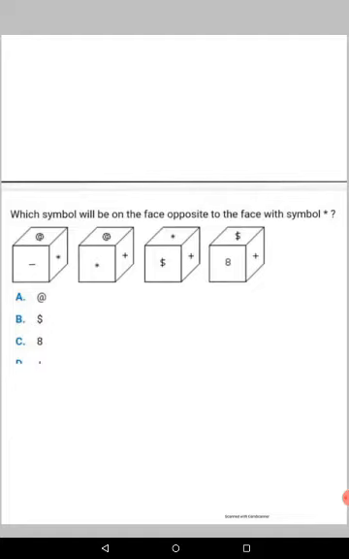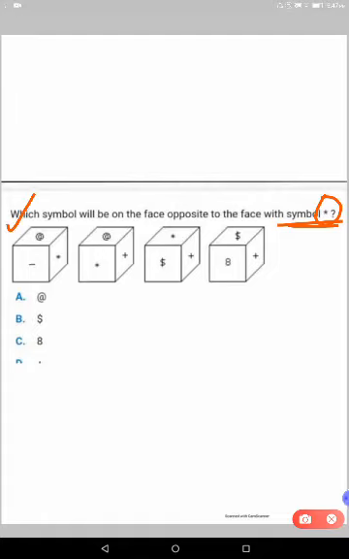Now the next question is based on dice. Okay, which symbol will be lying on the face opposite to the face with symbol star? In such questions we should see the common figure in the face.